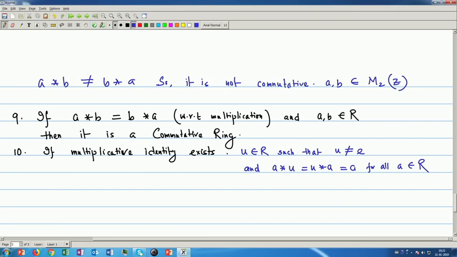That means one multiplicative identity exists.